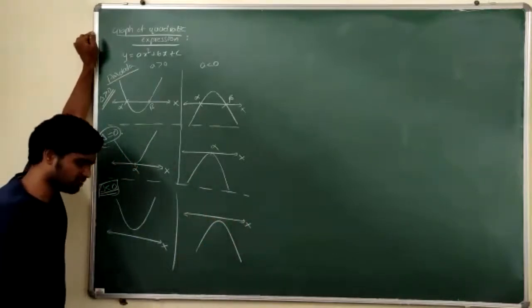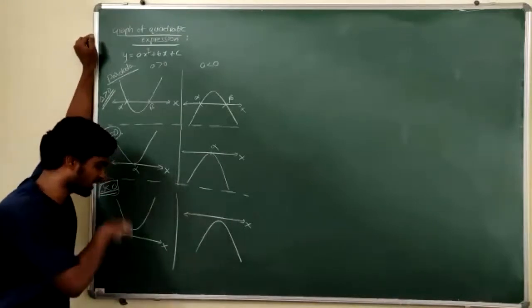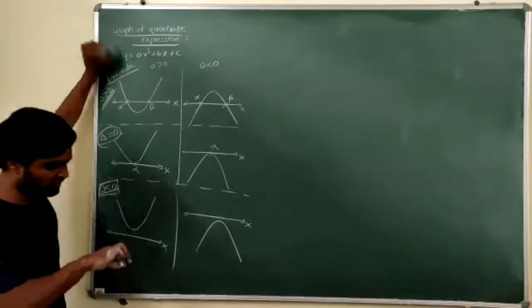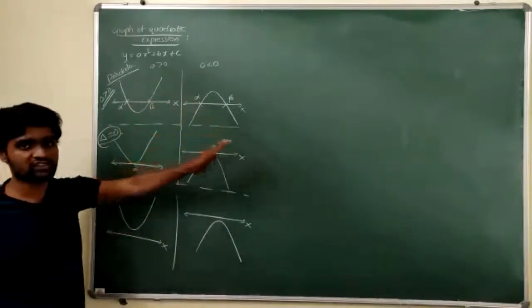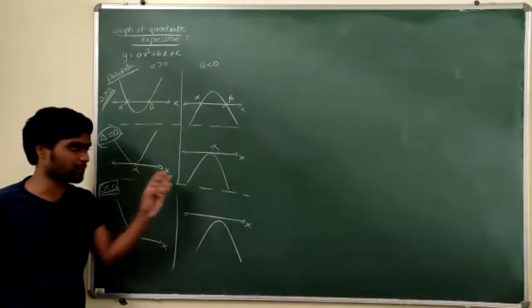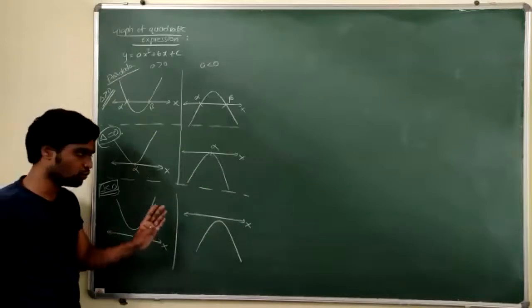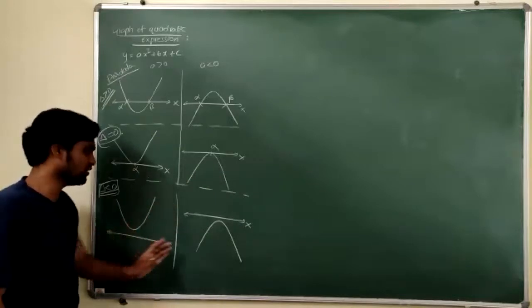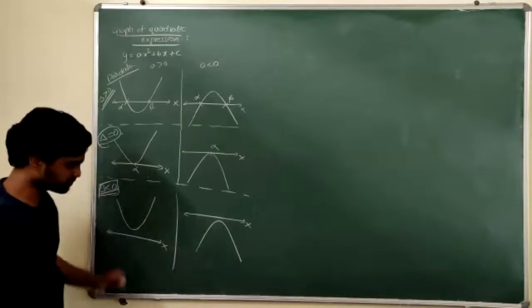The reason is very simple. If it does not have any real roots, it cannot cut the x-axis. So if the parabola cuts the x-axis at 2 points, it means it has 2 real and distinct roots. If the parabola touches the x-axis, then it has 2 equal roots, real and equal roots. If it does not cut the x-axis, then no real roots. Observe this.